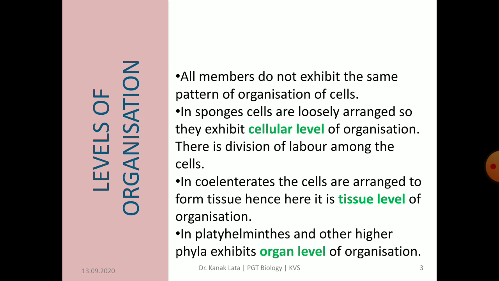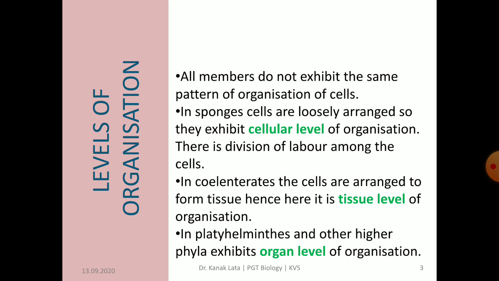Now, let us discuss level of organization. Animal body shows different levels of structural organization. It may be cellular level, tissue level, organ level or organ system level of organization. Cellular level is found in sponges.